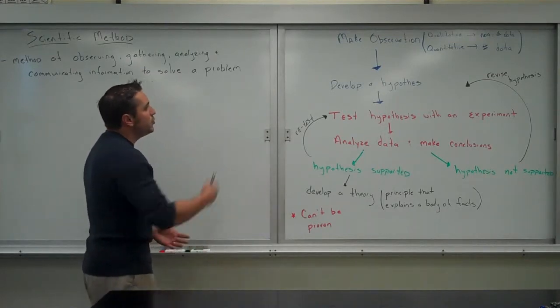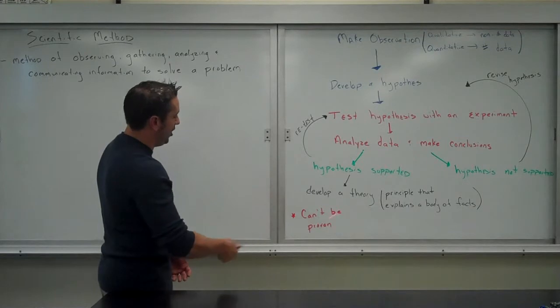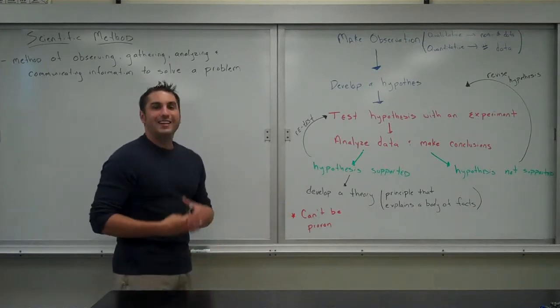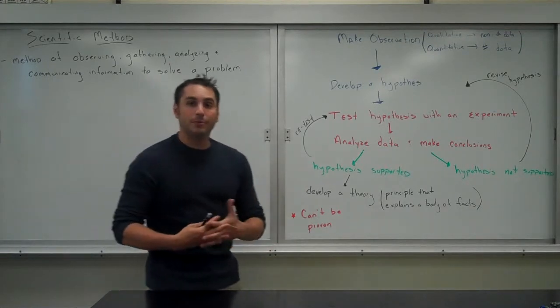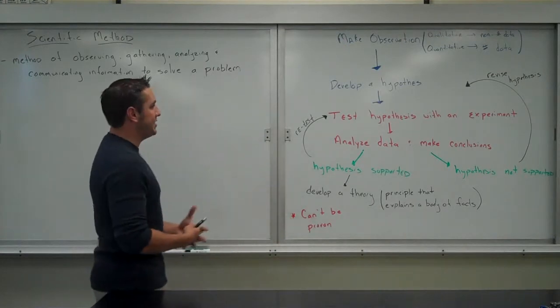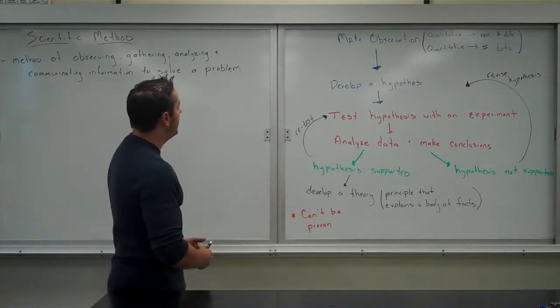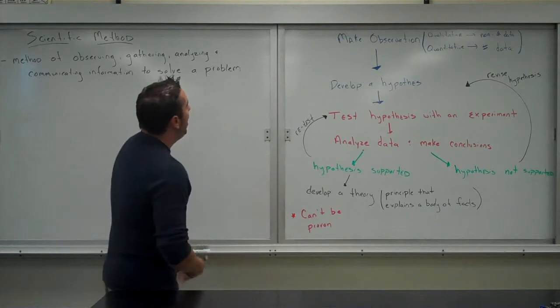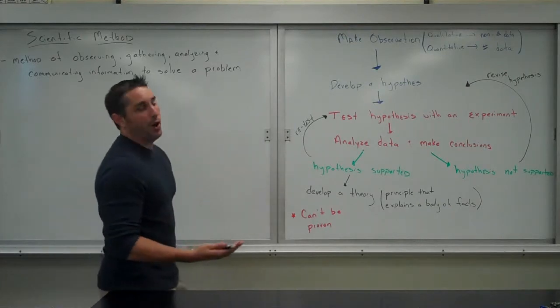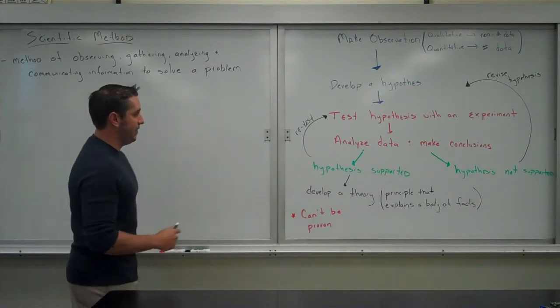However, you'll see that you never tend to just follow it in one direction. Data collection and solving problems is not as clear-cut as sometimes it's portrayed in your younger ages. So, we're going to look at the main components of the scientific method.